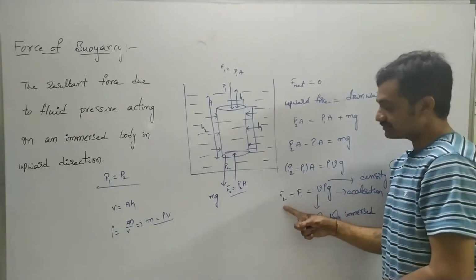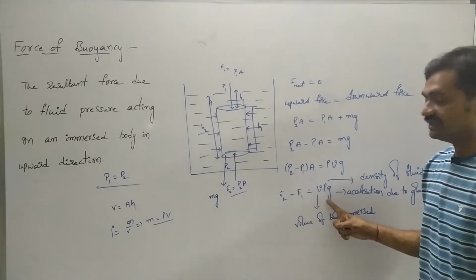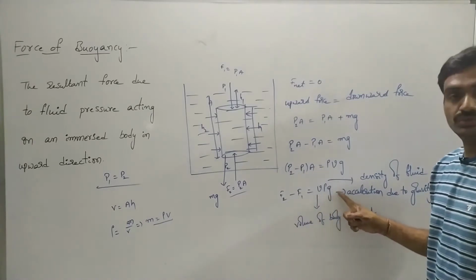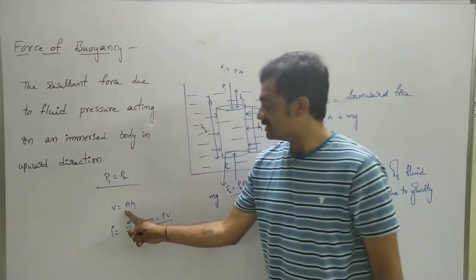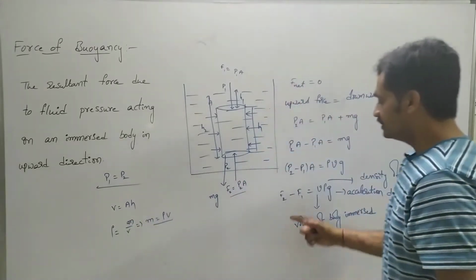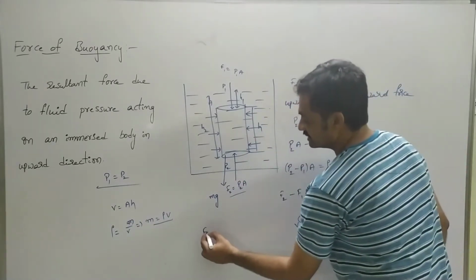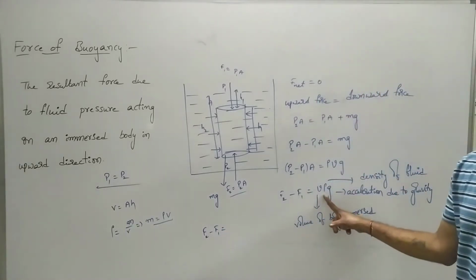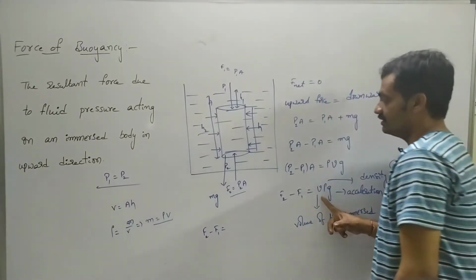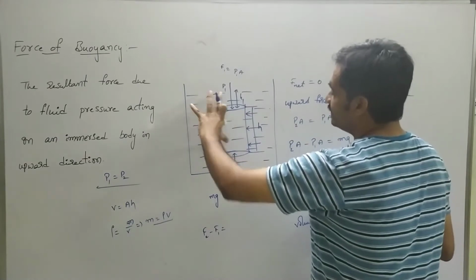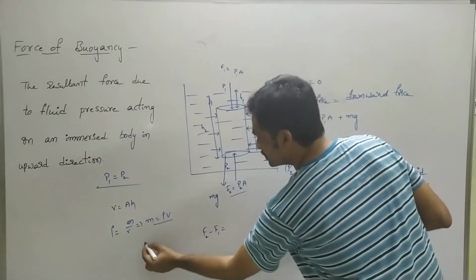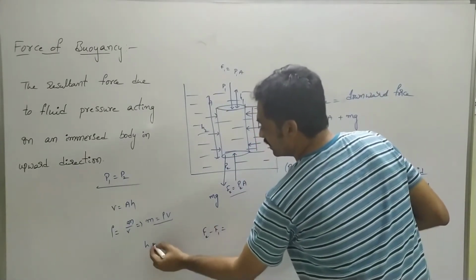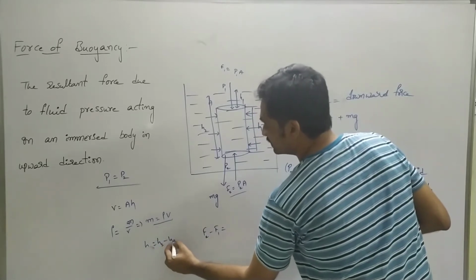Observe that F2 minus F1 is equal to V rho g, where volume is equal to area into height. So the expression can be represented with the height difference h equal to h2 minus h1.